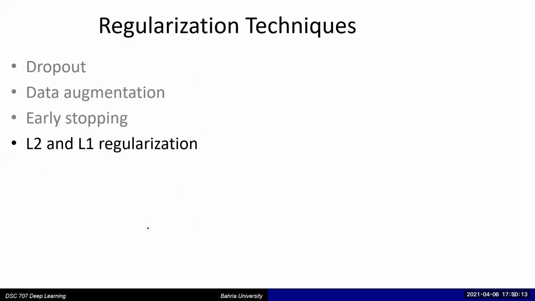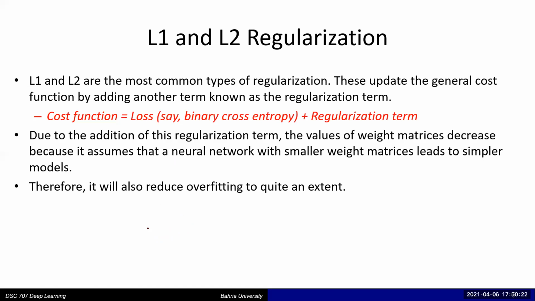First, let's conclude this discussion on regularization techniques by looking at what L1 and L2 regularization are, right? As we discussed in our previous lecture, whatever loss function you have, say categorical cross entropy or binary cross entropy, in L1, L2 regularization you add an additional term to your loss function, right?